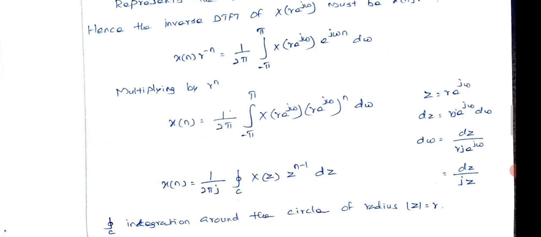We get x of n is equal to 1 by 2 pi j integral over c of x of z, z power n minus 1, dz, where the integral over c is around the circle of radius, the circle of modulus of z is equal to r.